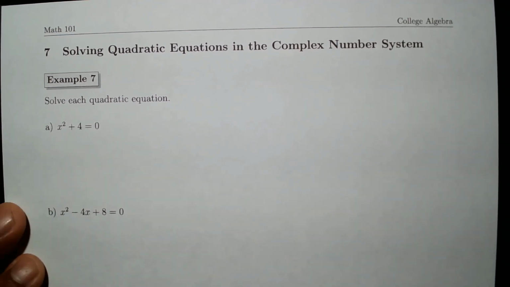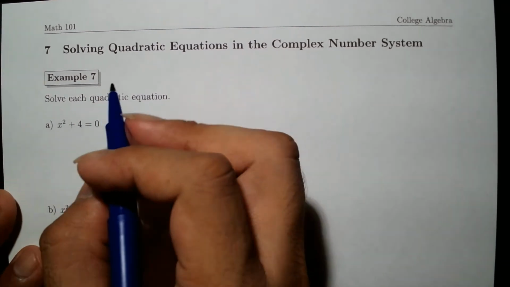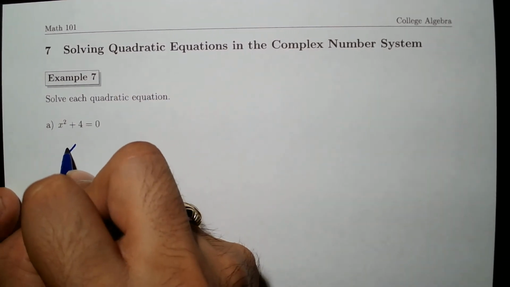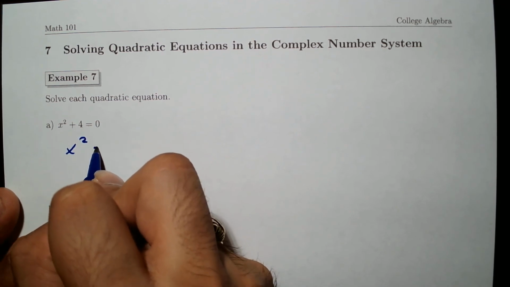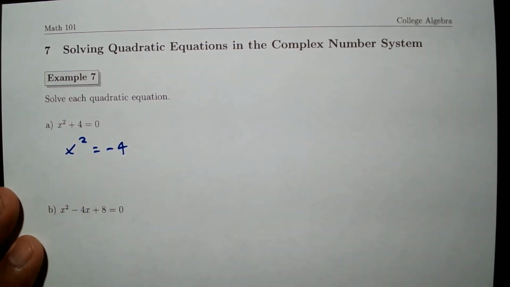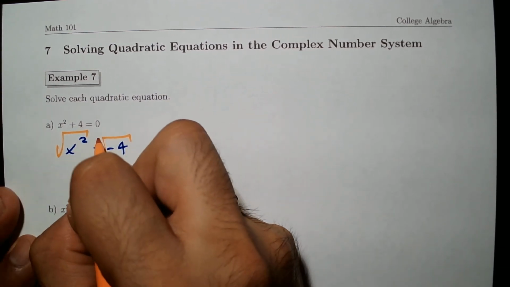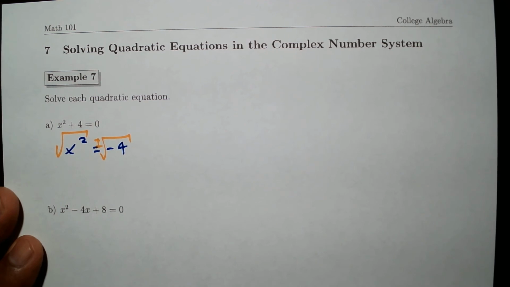So we want to solve this simple equation, x squared plus 4 equals 0. So subtract 4 from both sides to get x squared equals negative 4, and then take the square root, plus or minus.